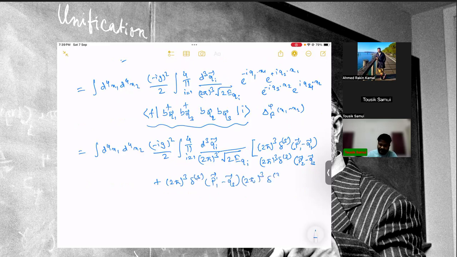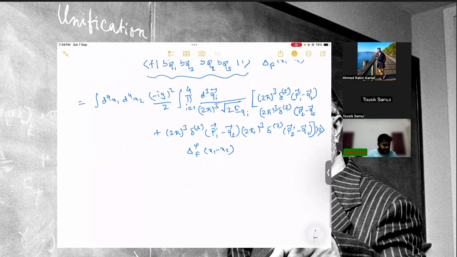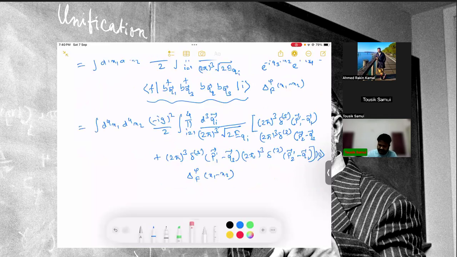This algebra we have done several times, so I'm just giving the result, and then we have the Feynman propagator for the phi field. So this is what we'll get finally in the end.